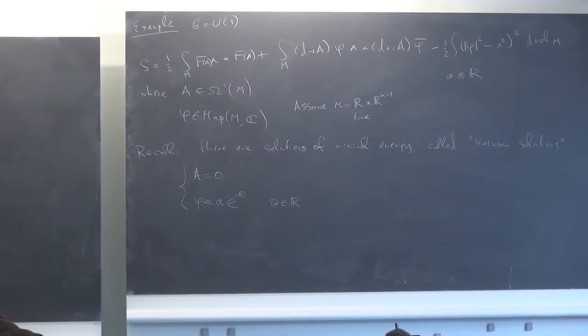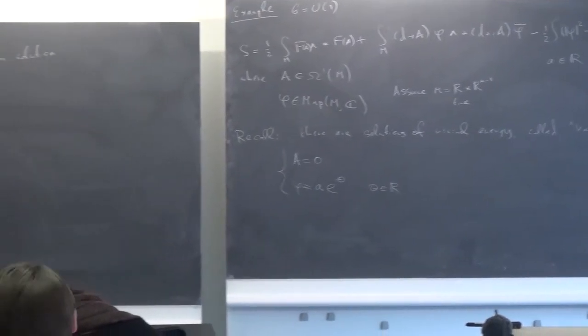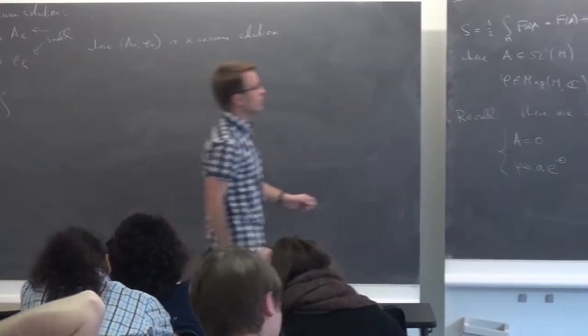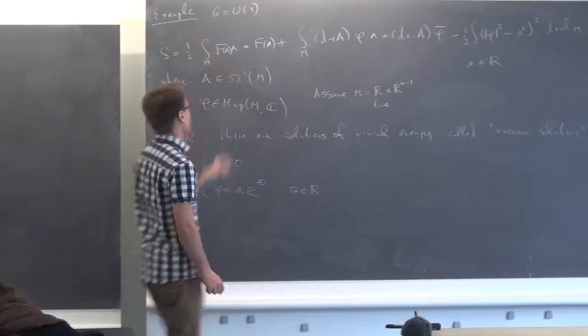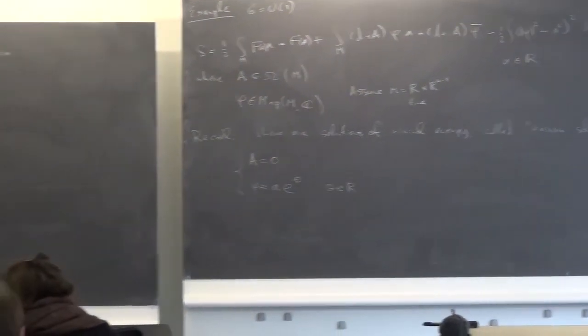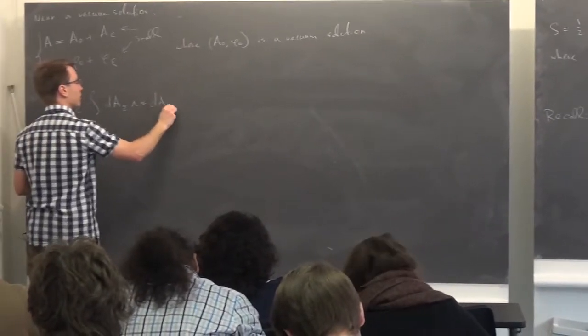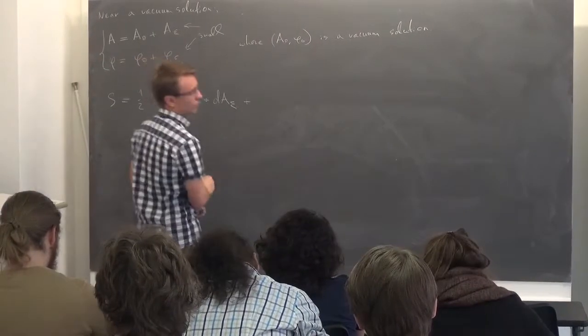Okay, so then the action is going to look like this. First of all, you have f wedge star f, and f is just dA. So this is going to be dA epsilon wedge star dA epsilon. This is easy.